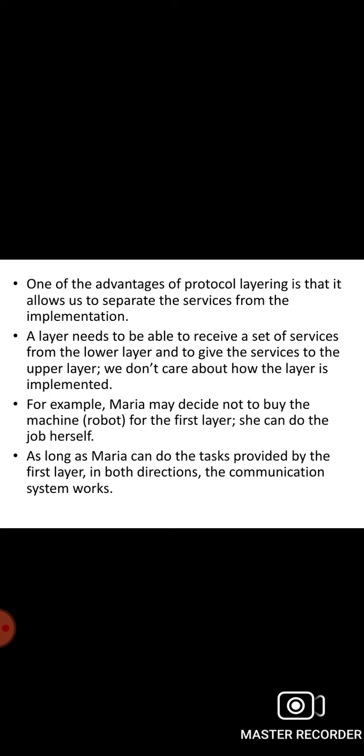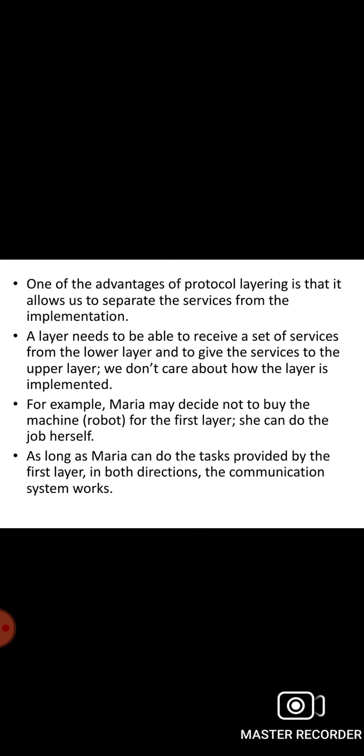They do the job. One of the advantages of protocol layering is that it allows us to separate the services from the implementation. A layer needs to be able to receive a set of services from the lower layer and to give the services to the upper layer. We don't care how the layer is implemented.